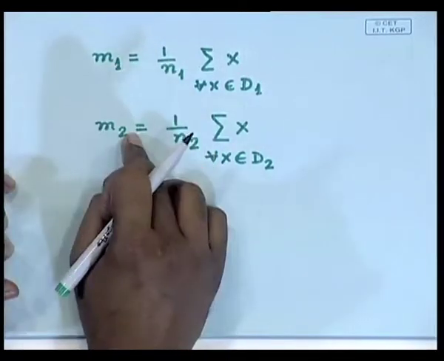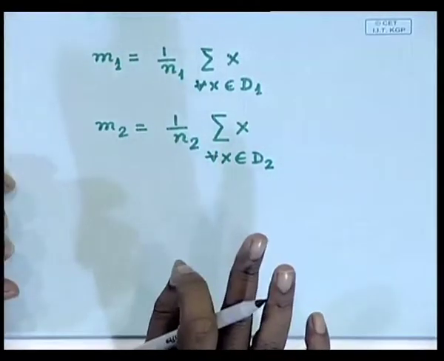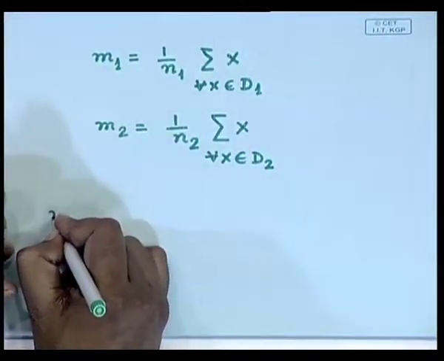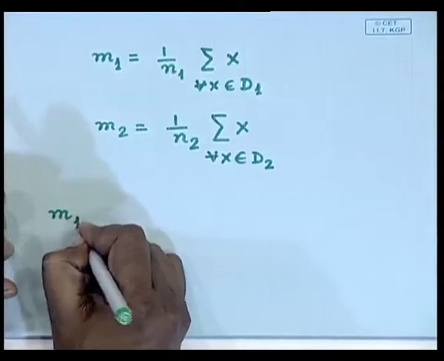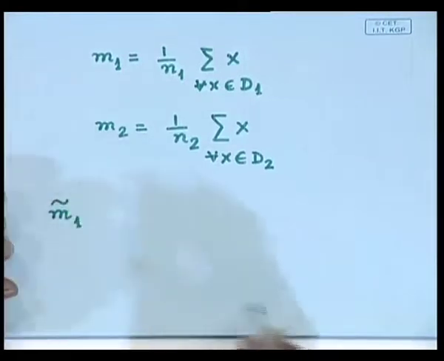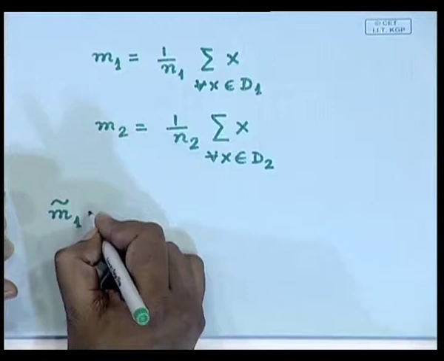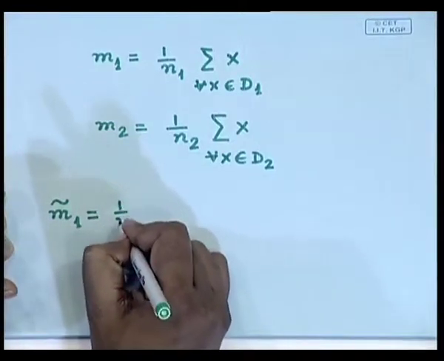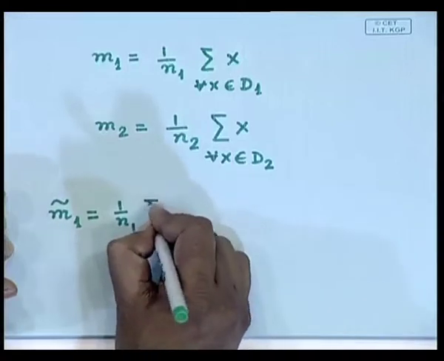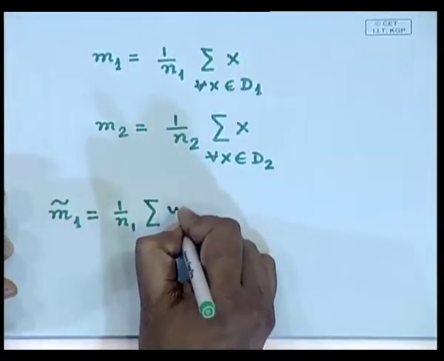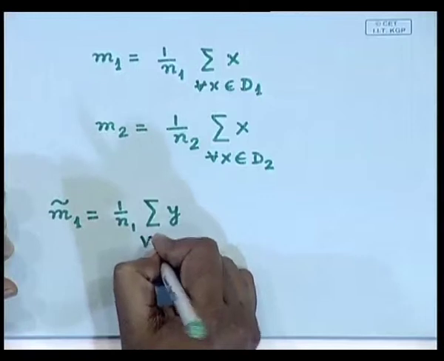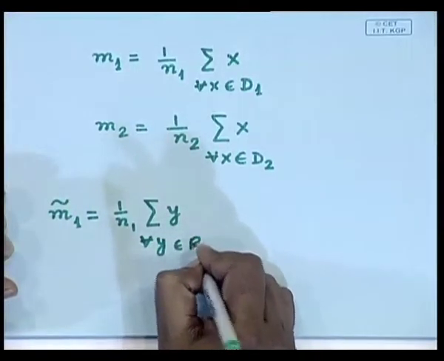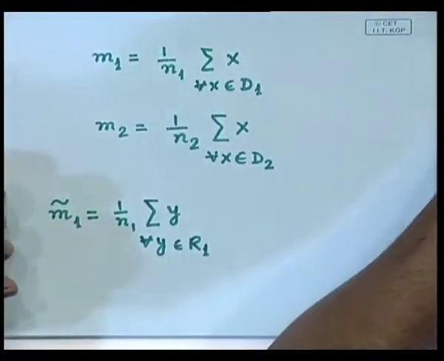Now, when I compute the projections of these mean vectors, suppose the projected mean vector M 1 I write as M 1 hat. This M 1 hat is 1 upon N 1 into summation of y for all y belonging to set R 1. Now, what is this R 1?